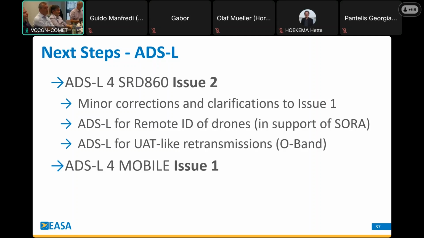And if you have the two methods of receiving that information on board, using the O-band and 978, you will be able to compare these transmissions.